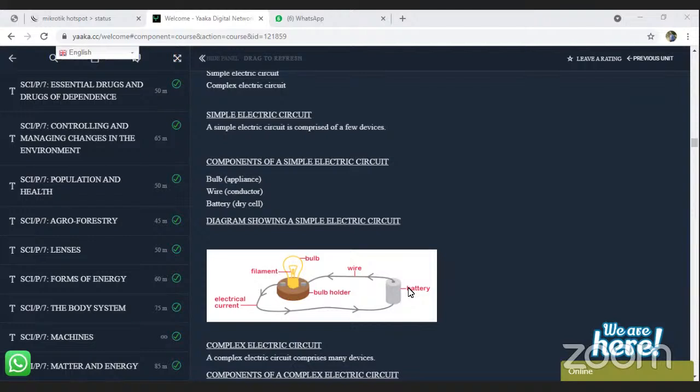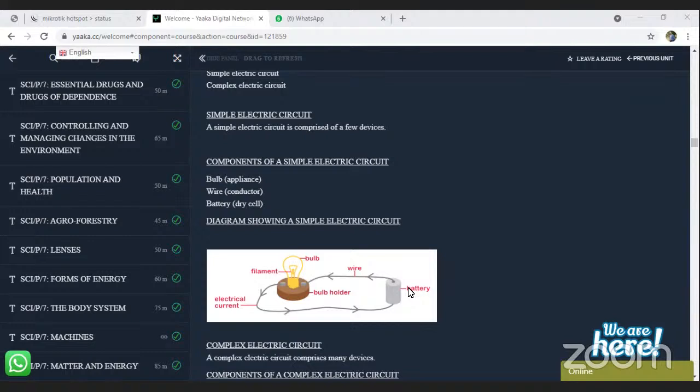The first thing is to identify the positive terminal and the negative terminal. If they say electrons, electrons flow from the negative terminal to the bulb.